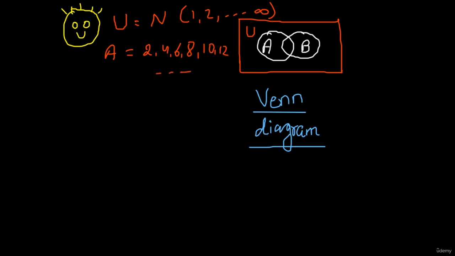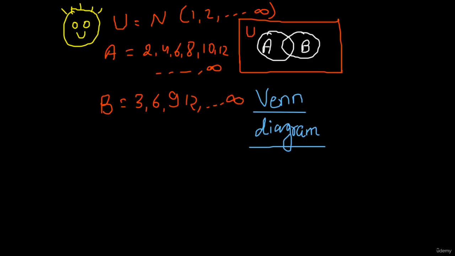Let's say that it is also infinity. Now let's define the set B. Set B is the table of 3. So 3, 6, 9, 12 and so on, and it also goes up to infinity. So these are the basic definitions that we have created to understand our set theory.